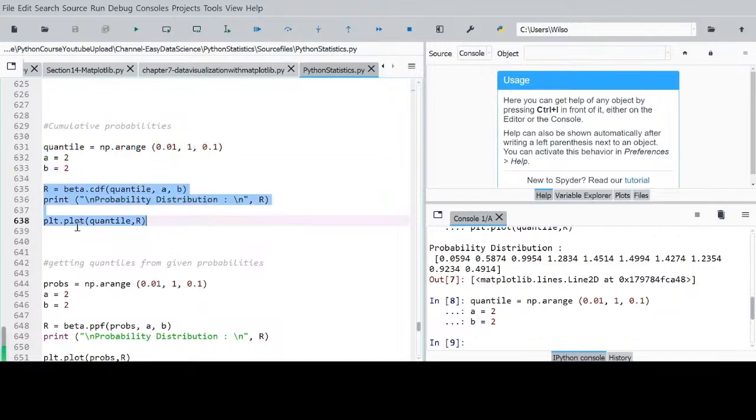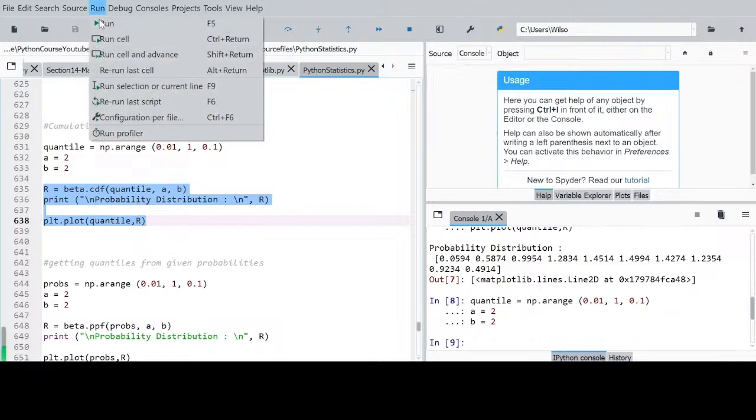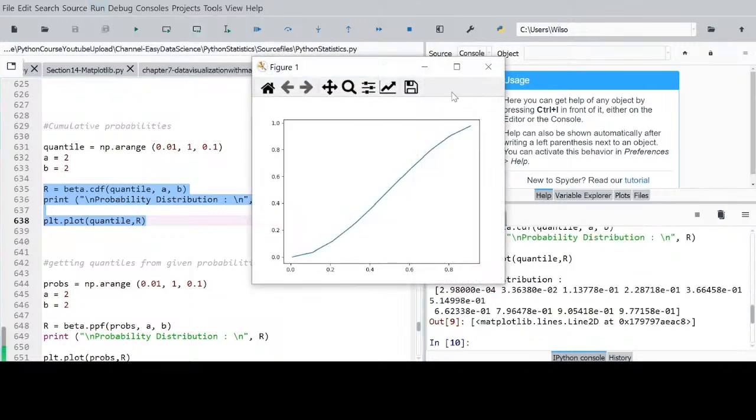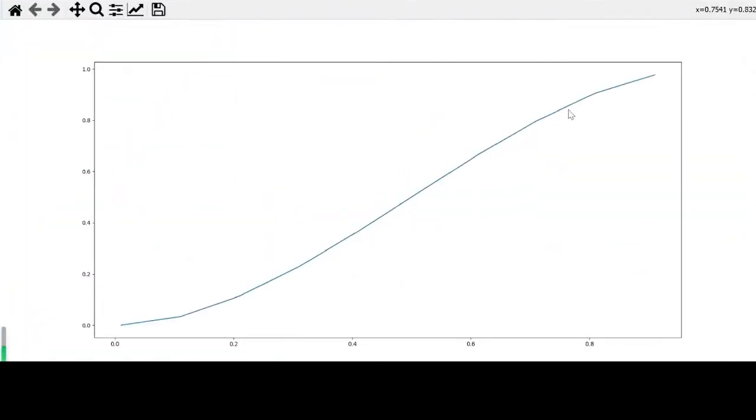And similarly, we plot the curve between the quantile value, the beta random variables, and their cumulative probability. So the cumulative probability, of course, is an increasing curve from 0 to 1.